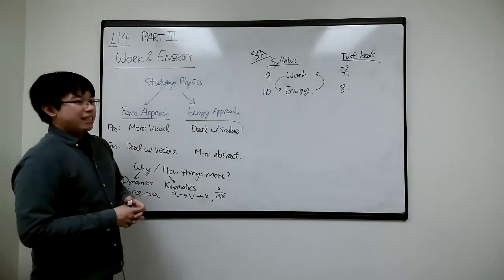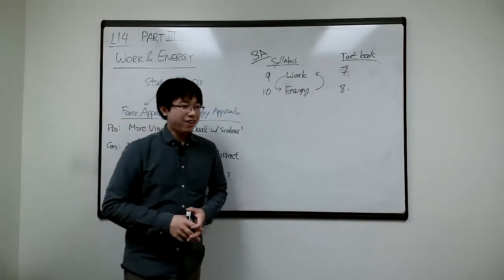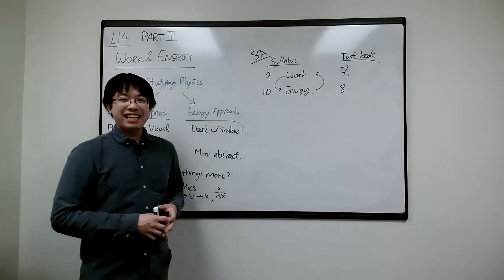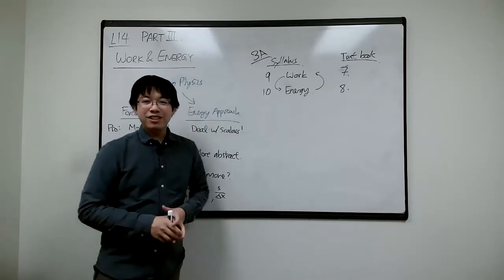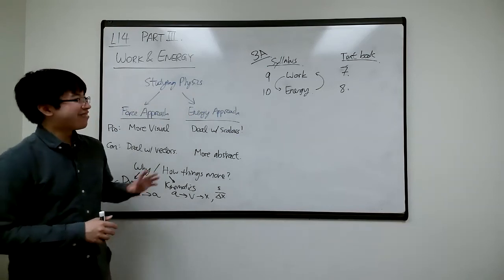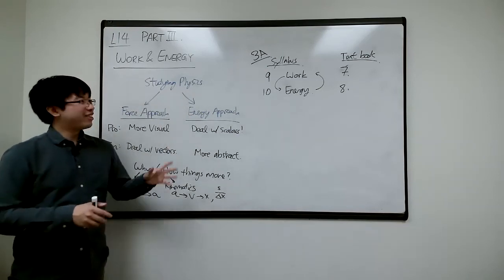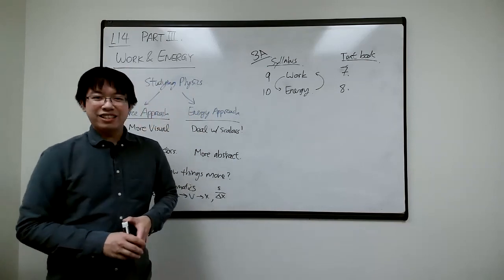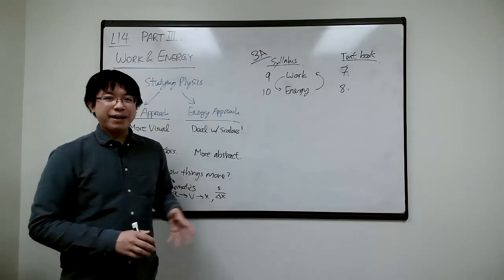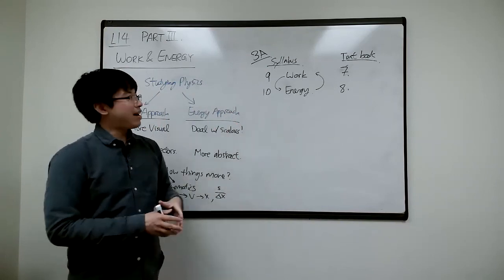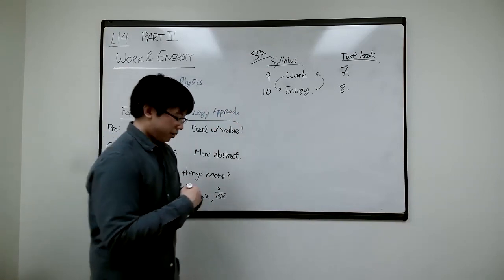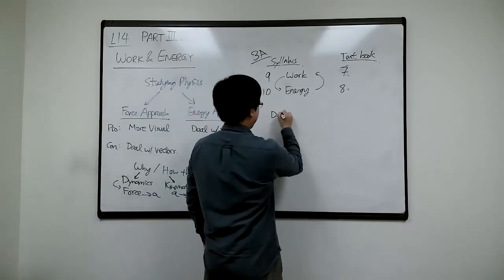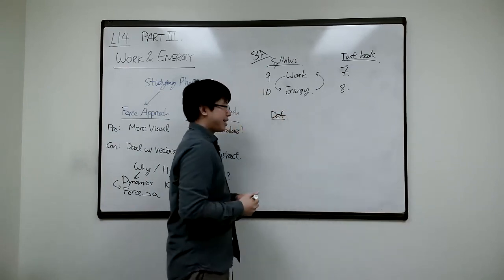But I know reading the textbook is not the most enjoyable and exciting thing in the world. So hopefully this gives you like the movie version of a novel. You watch the movie and read the book. It will make it easier to learn from it that way. All right, so that's just a quick advice on that. And so the next couple of things we're gonna do is look at the definition first.